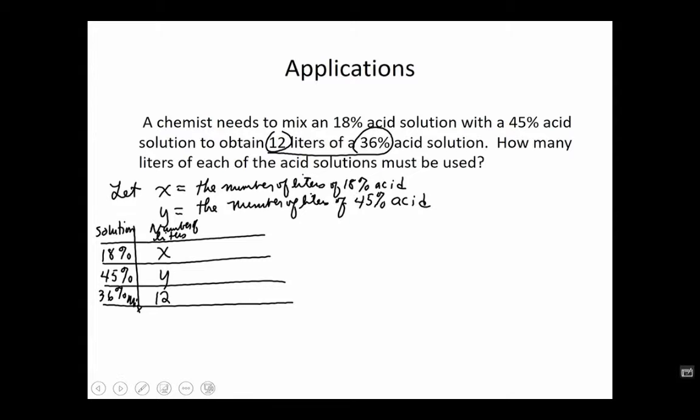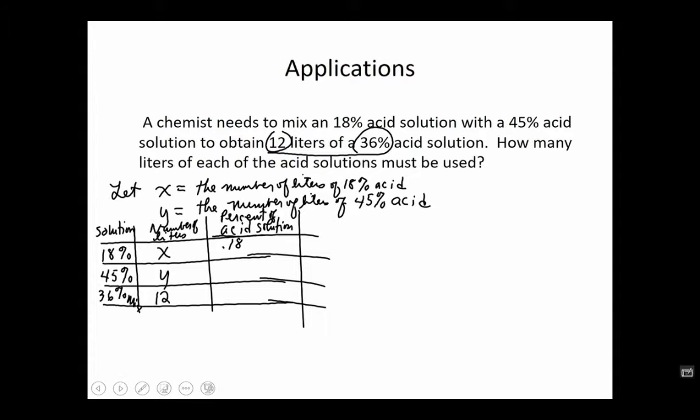What else do we need? We want the percent of the acid solutions. In the first case, the percent is 18%, which as a decimal is 0.18.